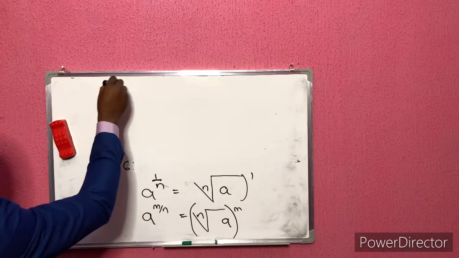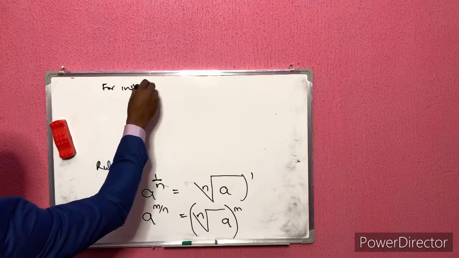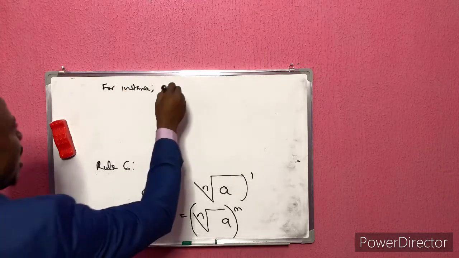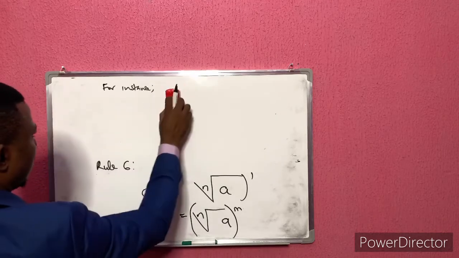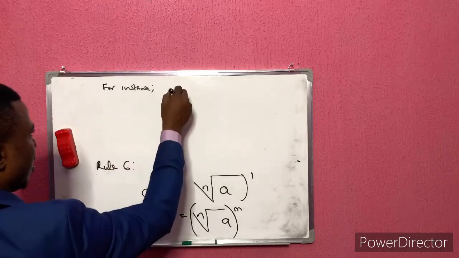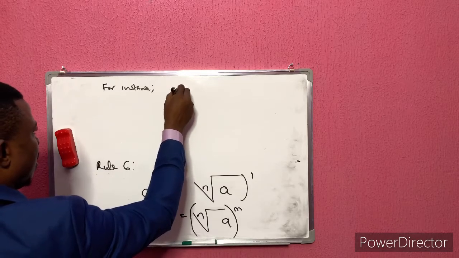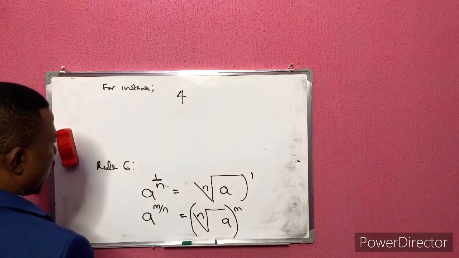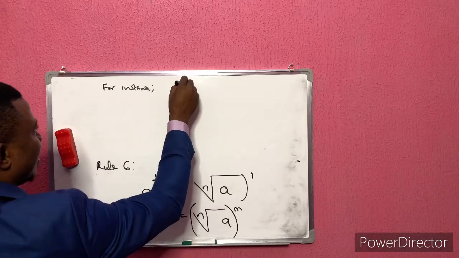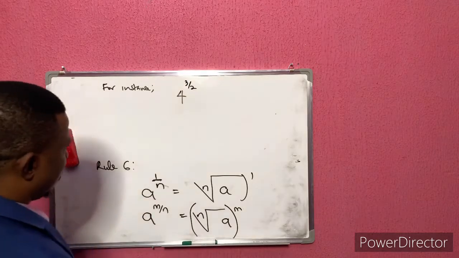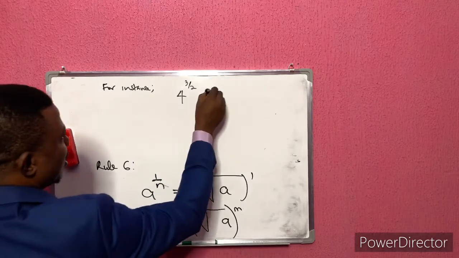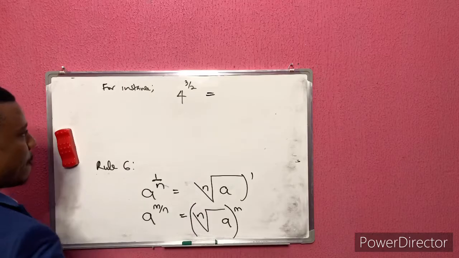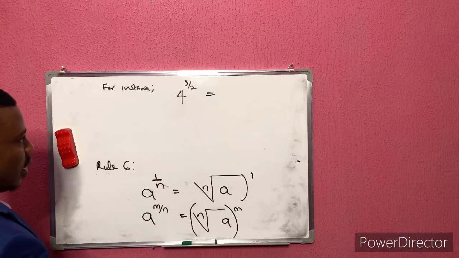For instance, if you have 4 raised to power 3 over 2, this will give us the numerator 3, denominator 2 of the power.